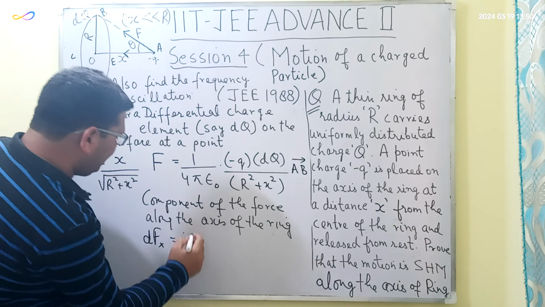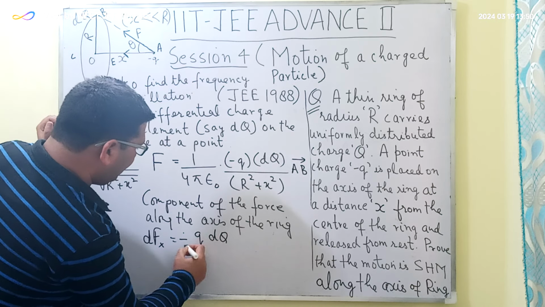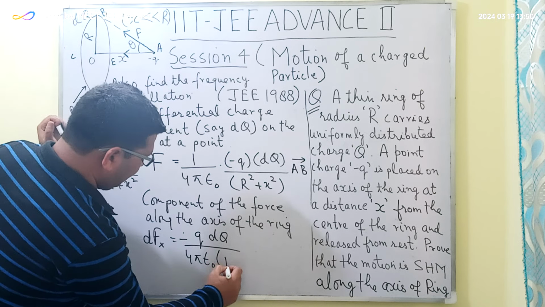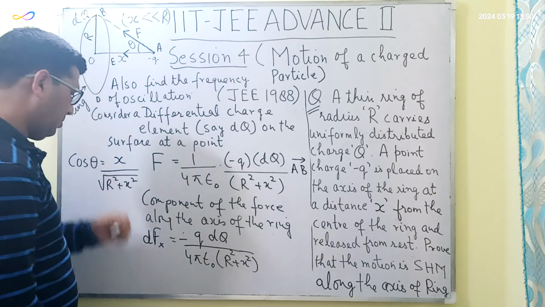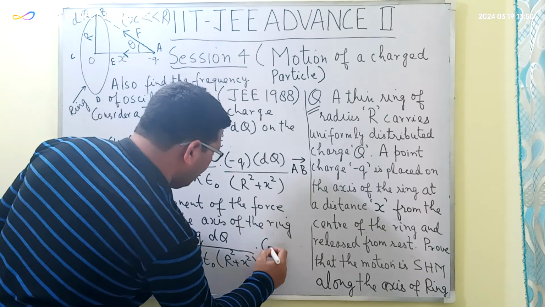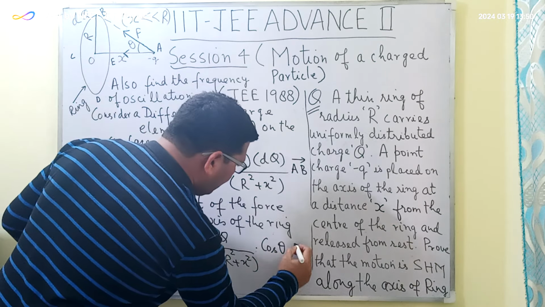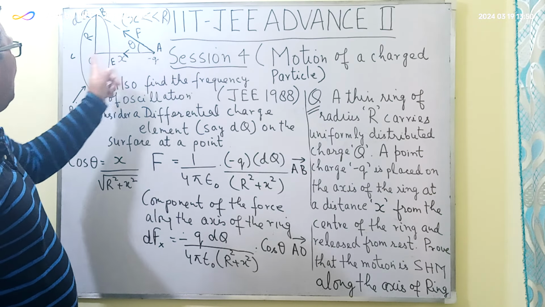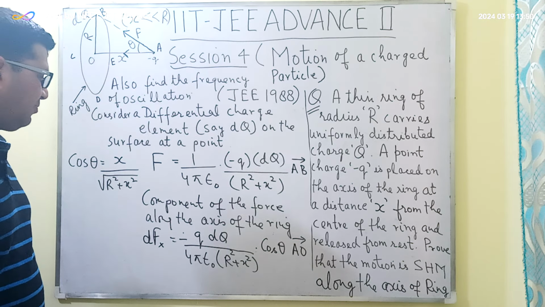Now the value of this f is minus q dq divided by 4 pi epsilon naught (r square plus x square) into cos theta, and the direction of this force will be from A to O.